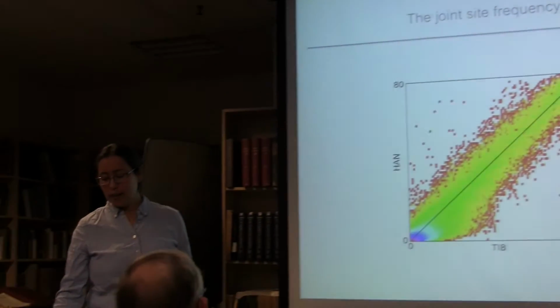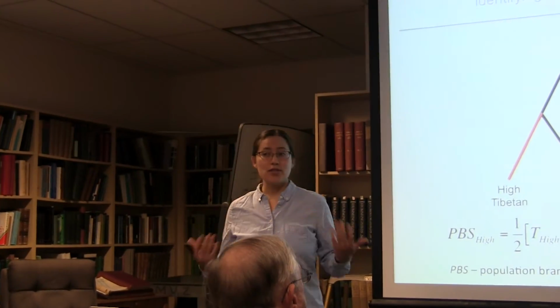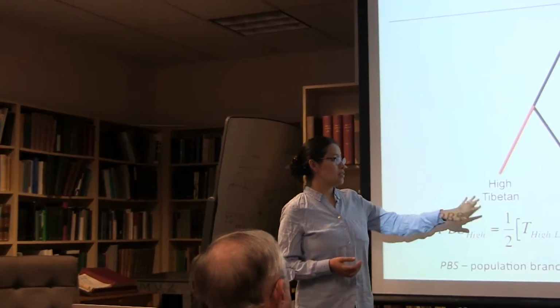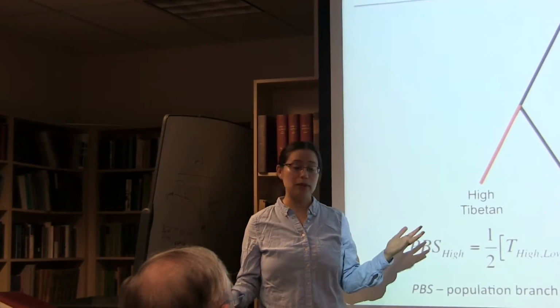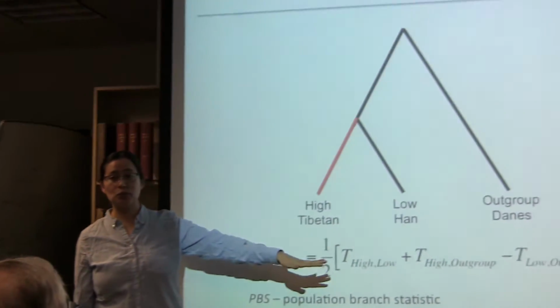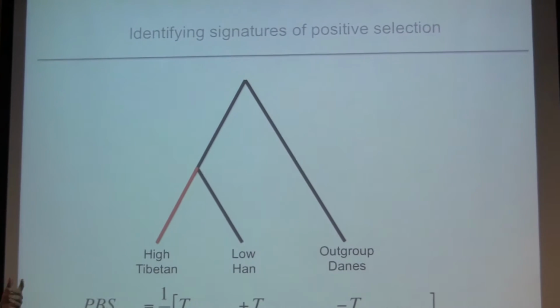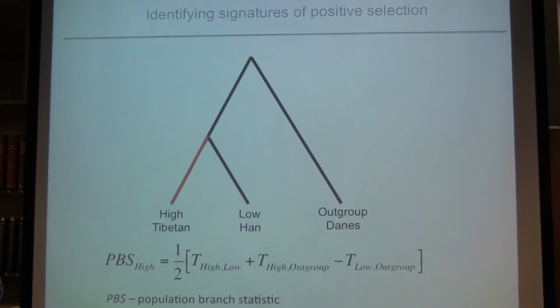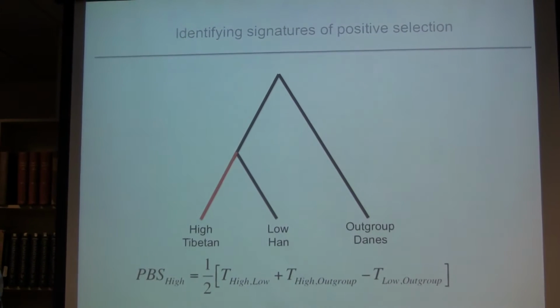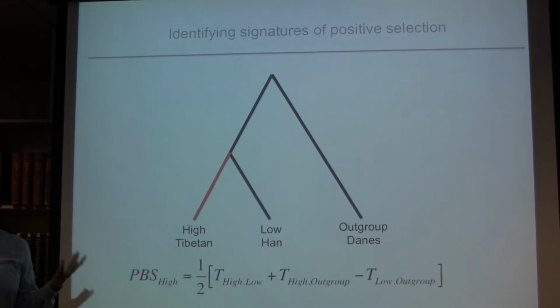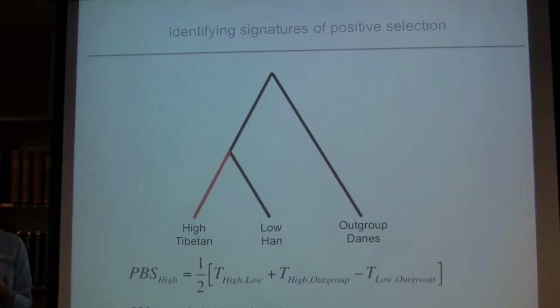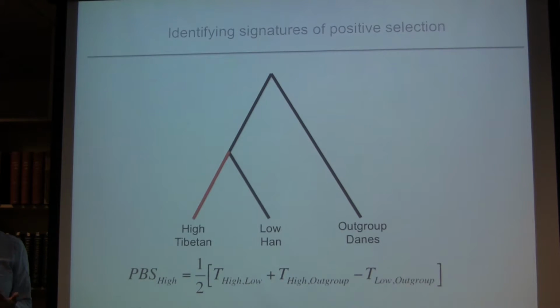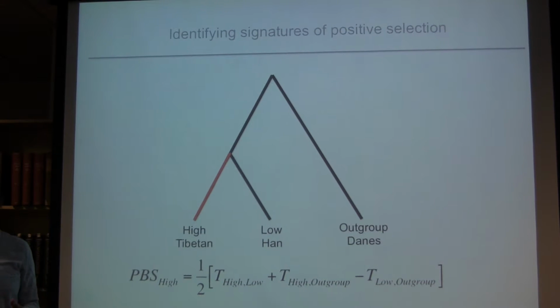To do that, we assumed a relationship between three populations: the high altitude population, which are the Tibetans, the low altitude population, the Han, and as the outgroup, we had a Danish population. The reason for using an outgroup was that if there was a large frequency difference between the Tibetan and the Han populations, that could be due to selection in the Han or selection in the Tibetans.